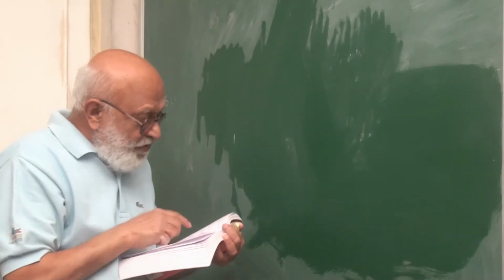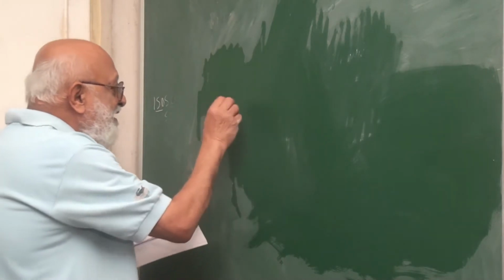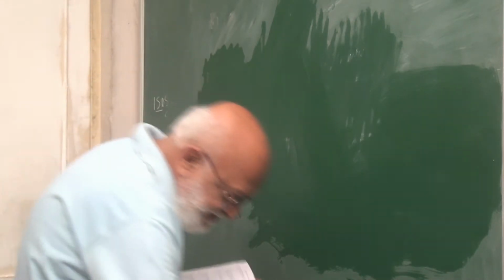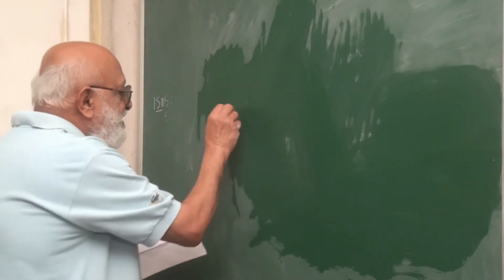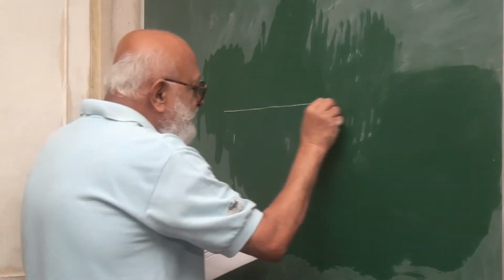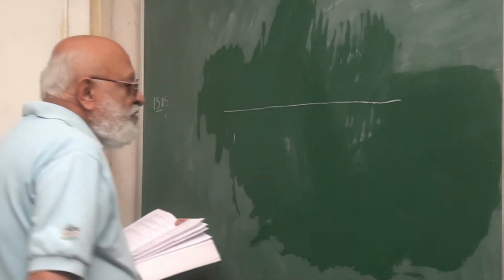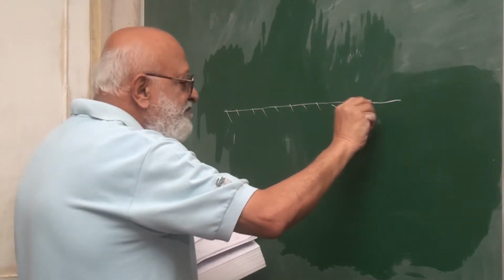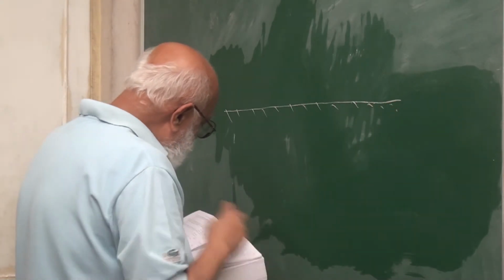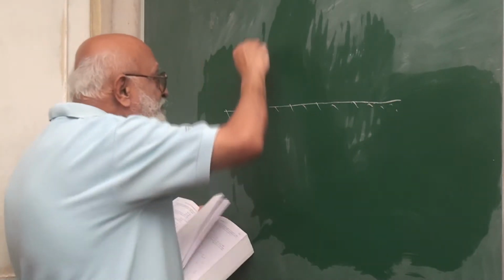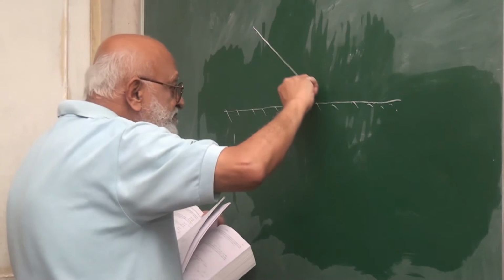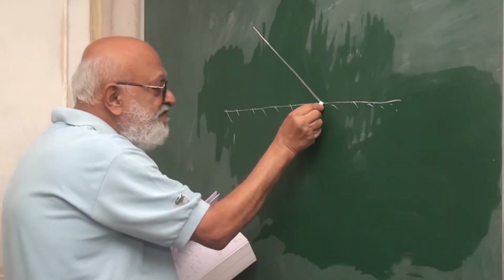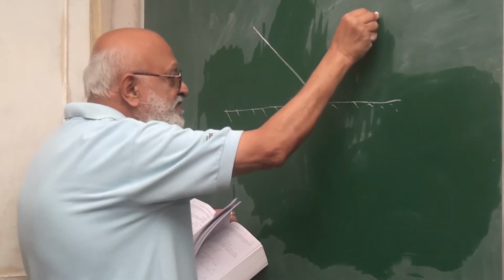The next one I am going to talk about is again related to physics, and this also you see the interaction between physics and mathematics. So this is again a mirror, and so there is an incident ray PO which definitely gets reflected.